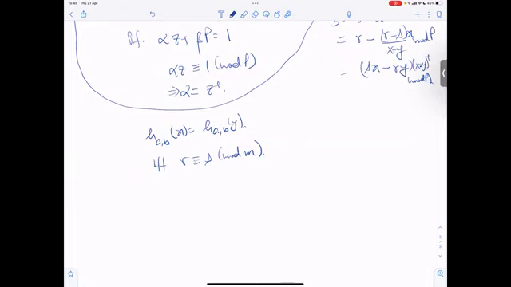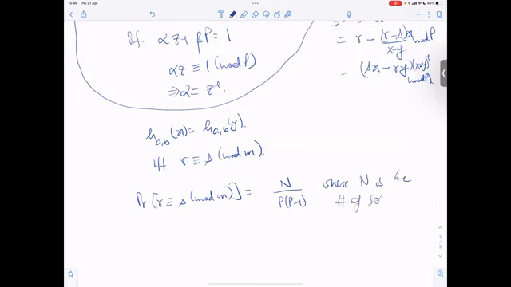It is equal to the probability that R is congruent to S modulo M, which is equal to 1 upon P into P minus 1 times N, where N is the number of solutions of R equal to S modulo M, where R is not equal to S. Okay? Are you with me?